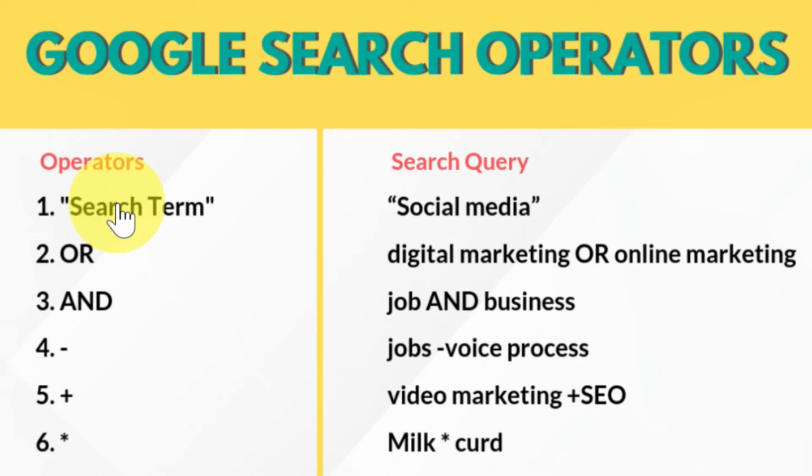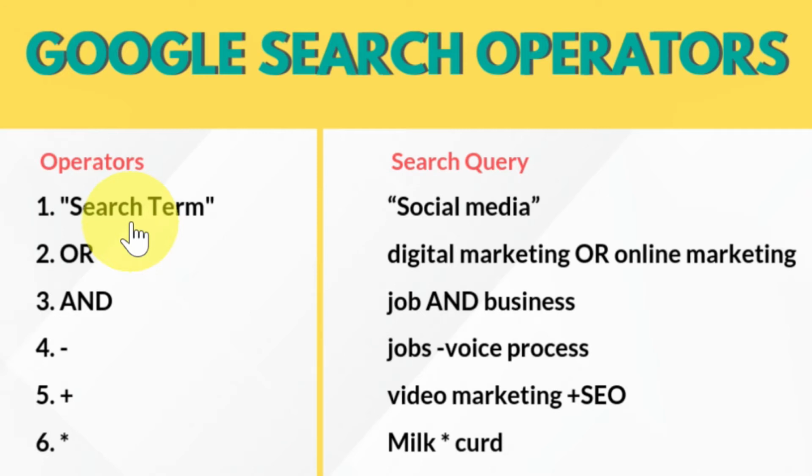But by encapsulating the words you're looking for within phrase marks, the search engine only finds the words in that order together, side by side, left to right. In these two examples, search term, open quote, close quote, will find the exact phrase search term contained within the page.